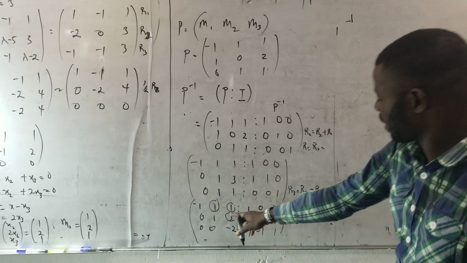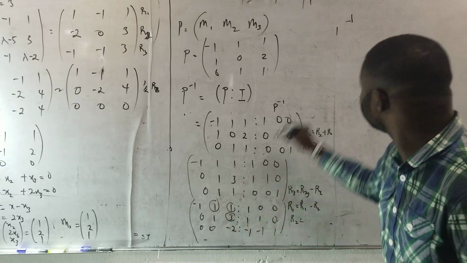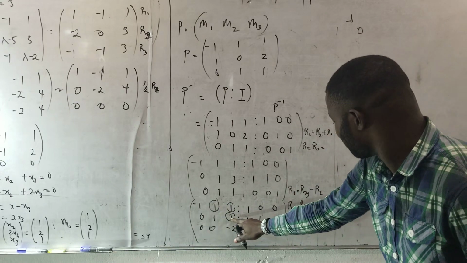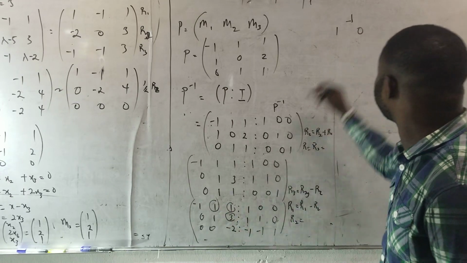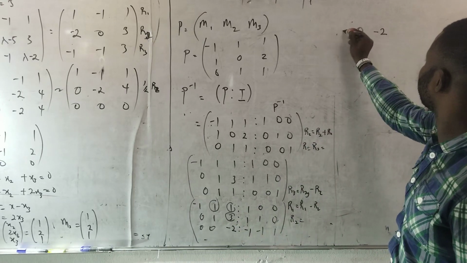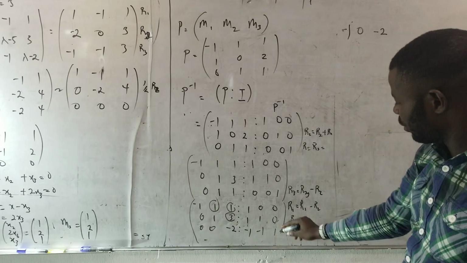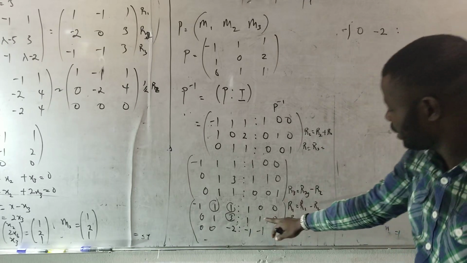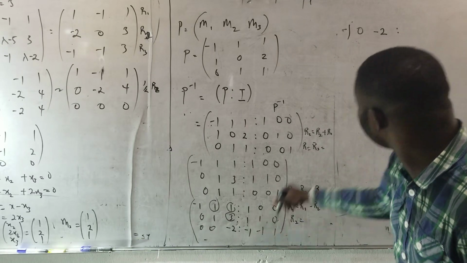Minus 1, that will be 0. That will be minus 2. This is going to be minus 1. That will be minus 2. And that will be 0.